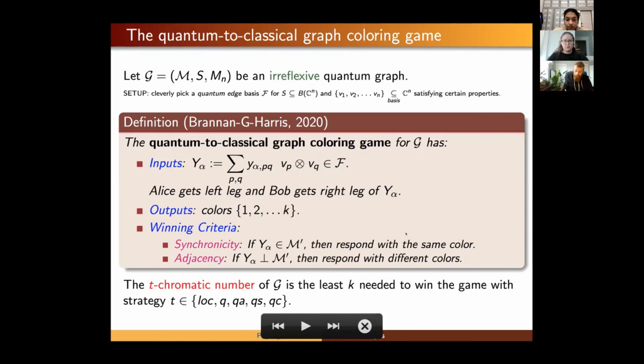The players can use several different strategies to correlate their answers, and this can lead to different notions of chromatic numbers. The simplest one is the classical strategy, which is just the usual chromatic number that we know. And then if they use some kind of quantum entanglement to correlate their answers, it leads to different kinds of quantum chromatic numbers for the quantum graph.